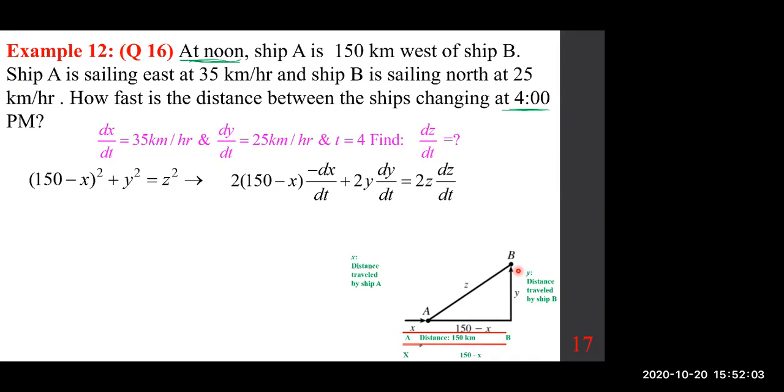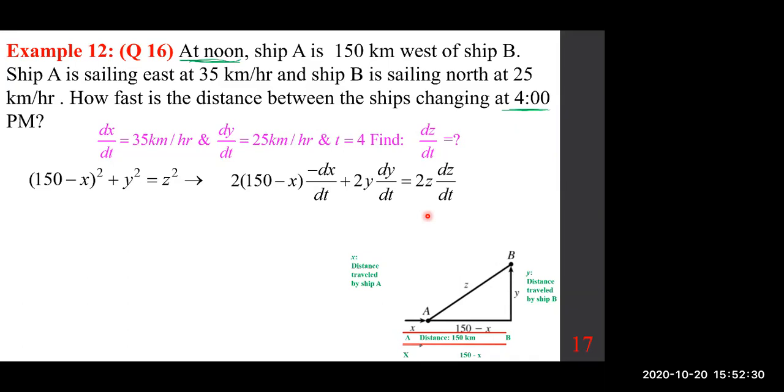I'm saying you can plug in here and find everything, okay? You can calculate x, plug it in here. Dx/dt is 35, we have it, 2y, okay? Dy/dt we can calculate. We have the value of y and z and everything else, plug in, because it's 4 hours later.